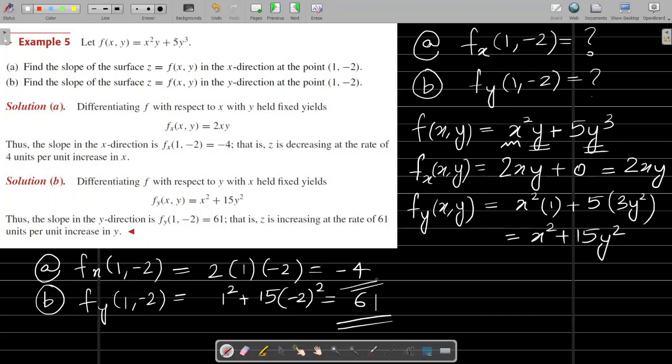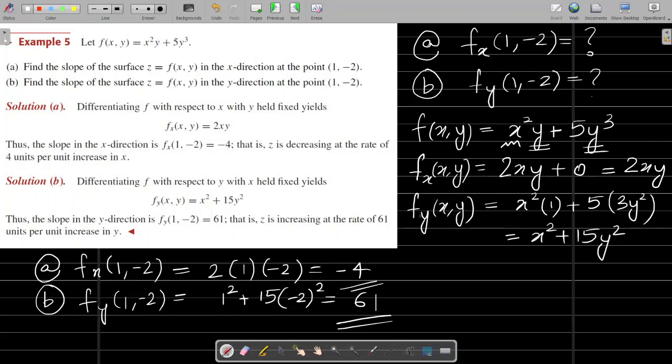So the slope in the x direction is minus 4. The slope in the y direction is 61. What does that mean? That means in the x direction, the function is decreasing at the rate of 4 units per increase in x, and in the y direction it is increasing at the rate of 61 units per unit increase in y.